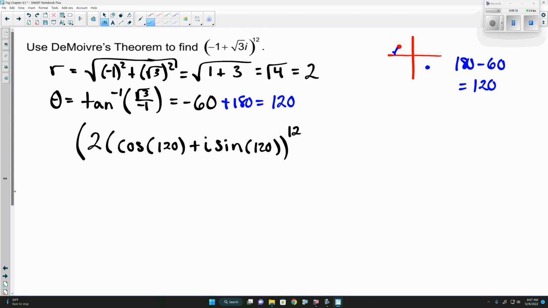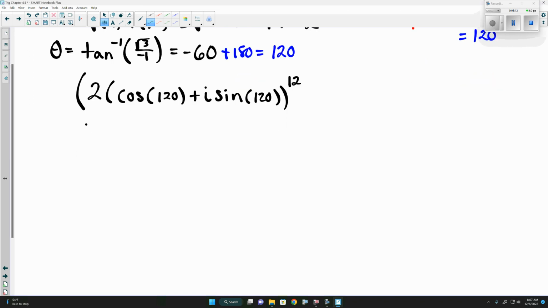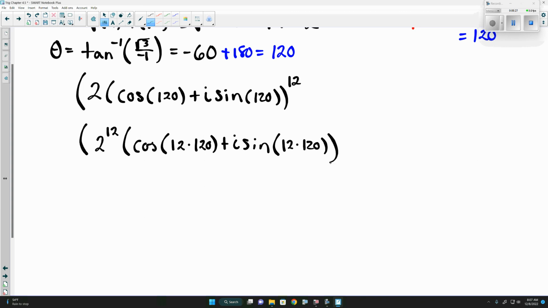Now, according to the formula, we have r to the n times cosine of n theta plus i sine of n theta. And that's going to be our answer.